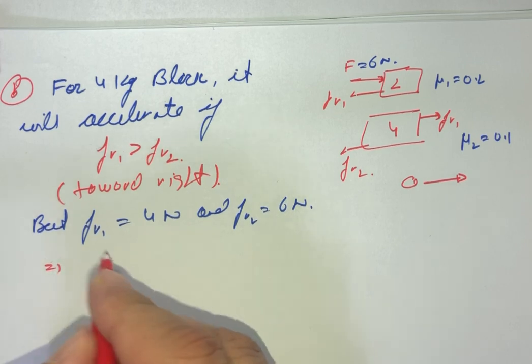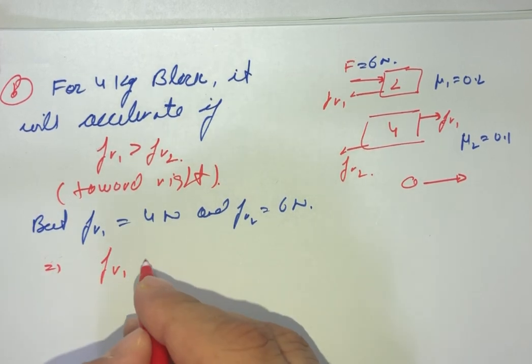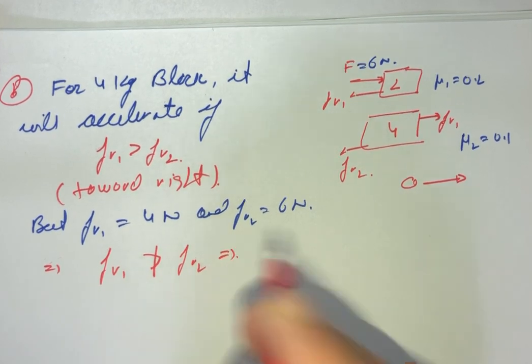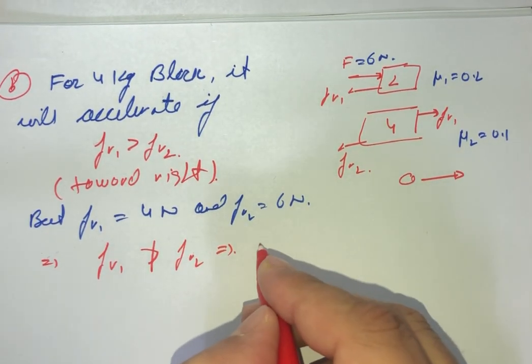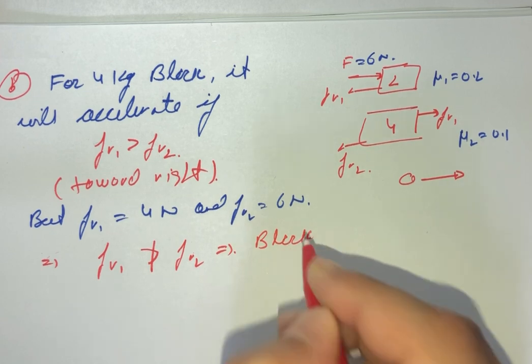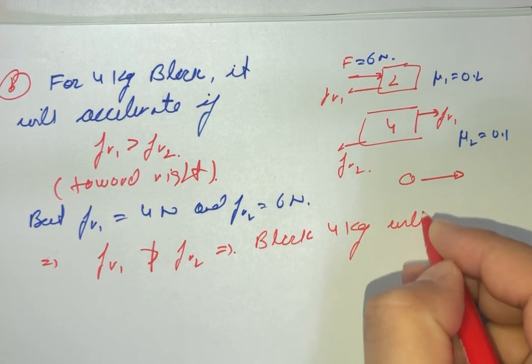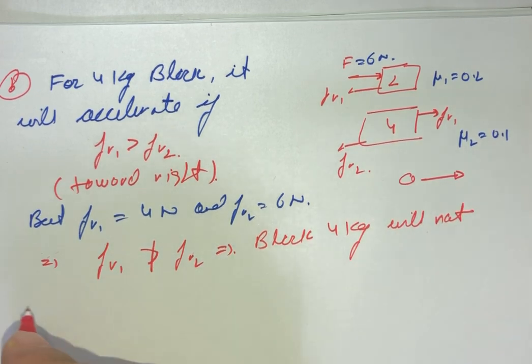This means Fr1 is not greater than Fr2, therefore block 4 kg will not accelerate.